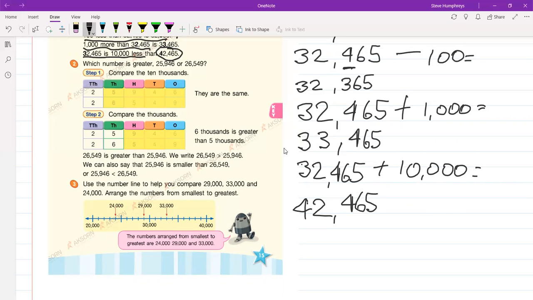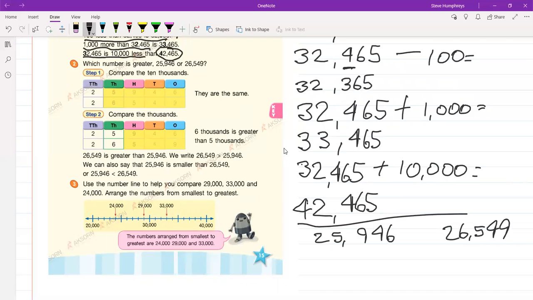So next we're going to compare numbers. Which number is greater? 25,946 or 26,549.